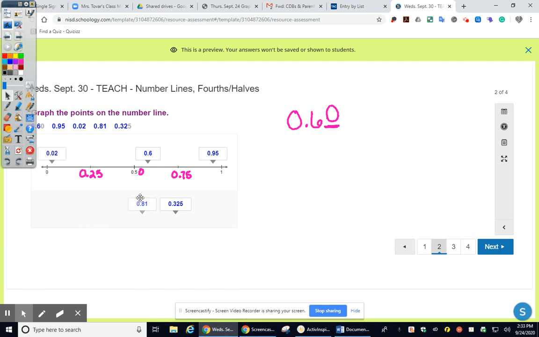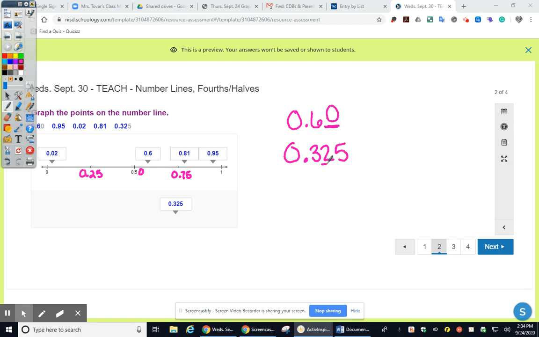All right, our next one is pretty easy too. We have 81 cents. So we know 81 cents is just a little bit more than 75 cents. So we can put it just a little bit beyond the 75 cents. All right, and then now we have 0 and 325 thousandths.